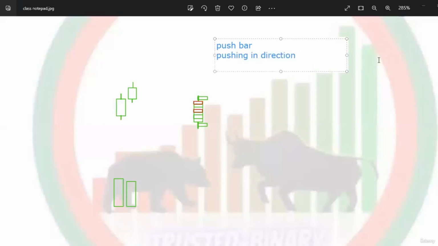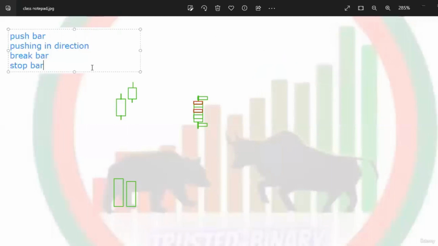Number three, break bar. Number four, stop bar. Okay. So these four qualities we will get. I am trying to give you some sense about this push bar today.